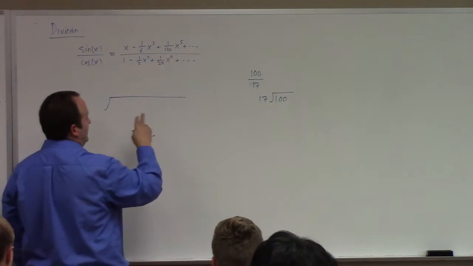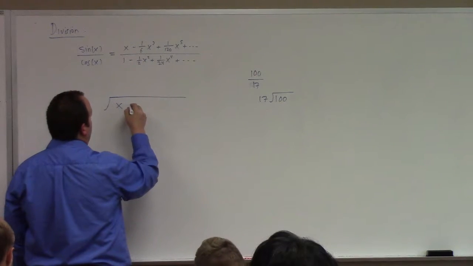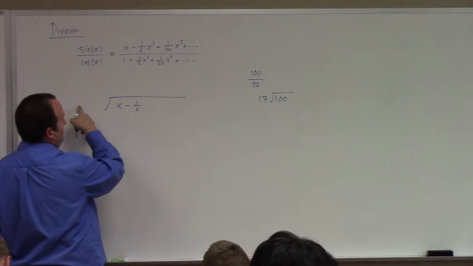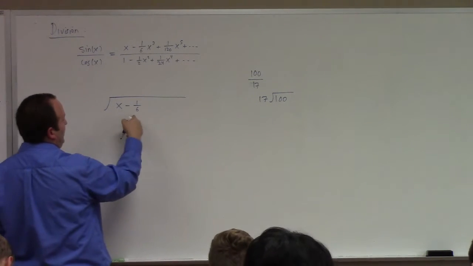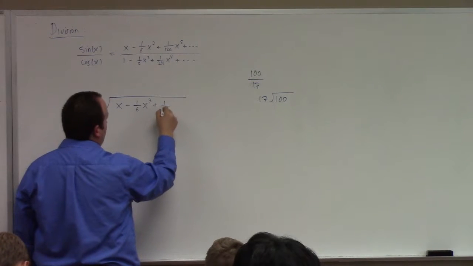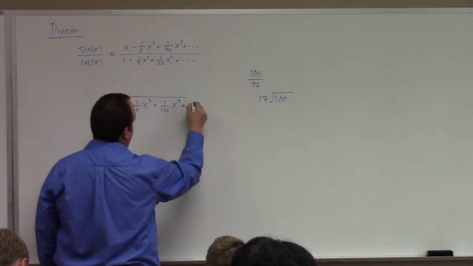Same kind of song and dance here. I put the thing I'm dividing over here, dividing by. I put the cosine over here, I put the sine in here. But otherwise, I pretty much follow the rules of long division that you know and love from your childhood.